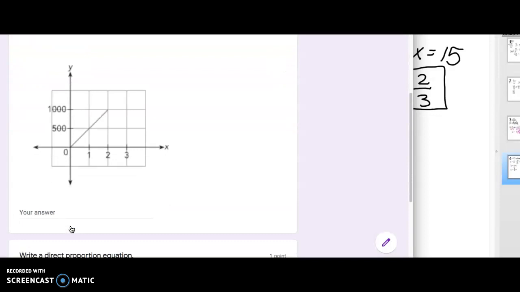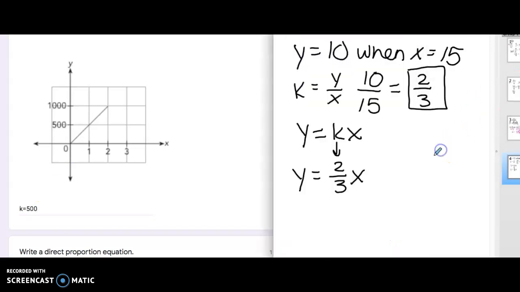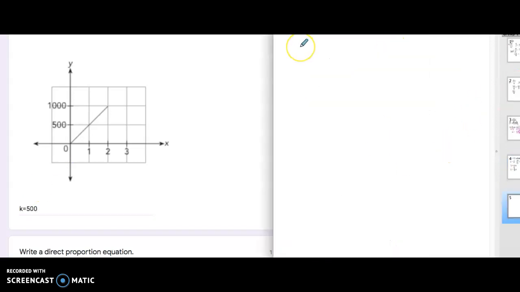Now we can identify the constant. Two ways we could do this. One, nice and easy, we can say where x equals 1, go up to the line, what is y? k equals 500. But we can also do k equals y over x.